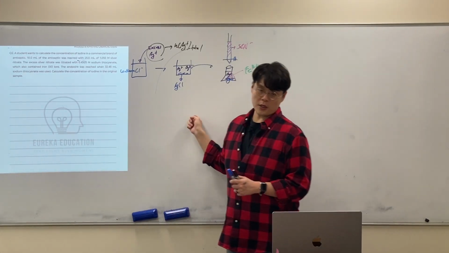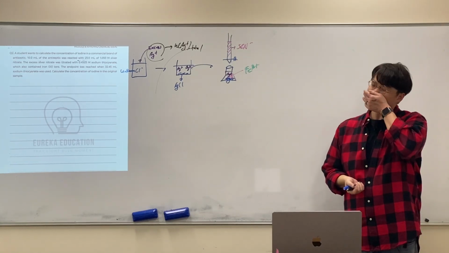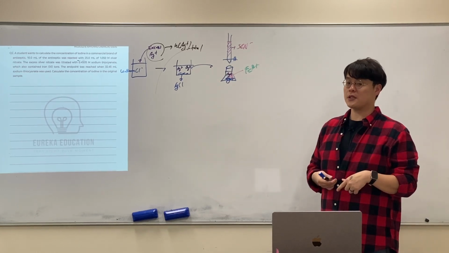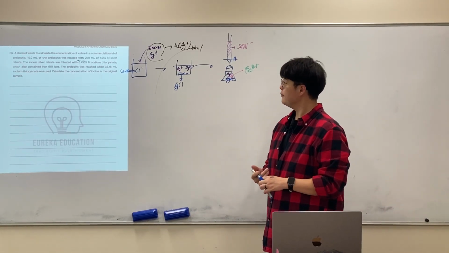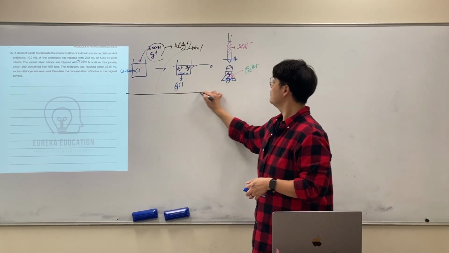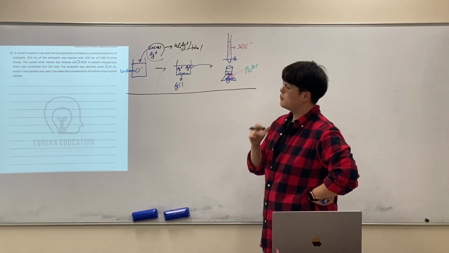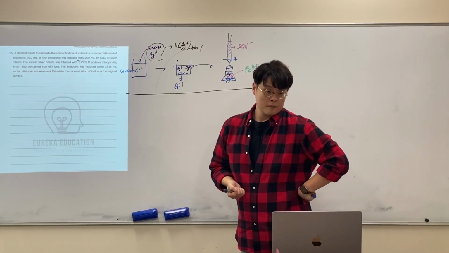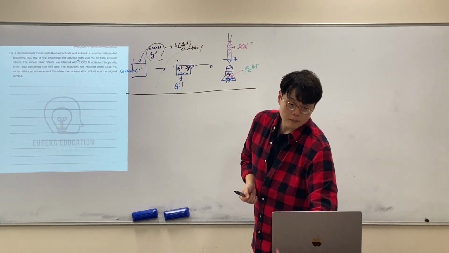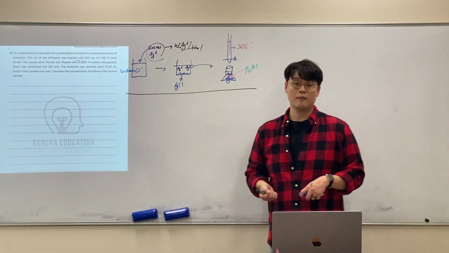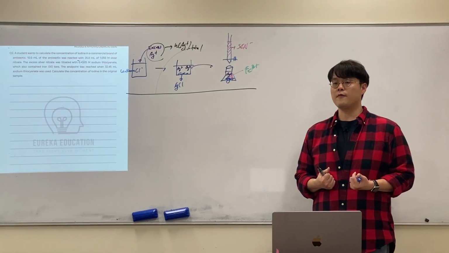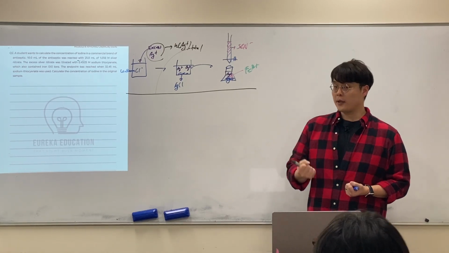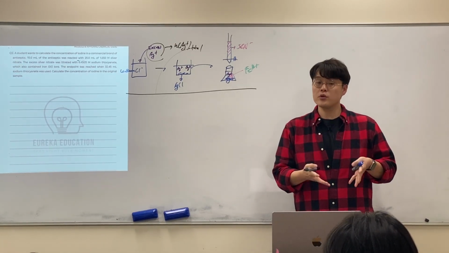So this is the type of flow chart, or schematic diagram, you can use to understand what is going on in this question. Remember that back titration is the process of finding how much is in excess, and direct titration is where we directly find how many moles are being used.